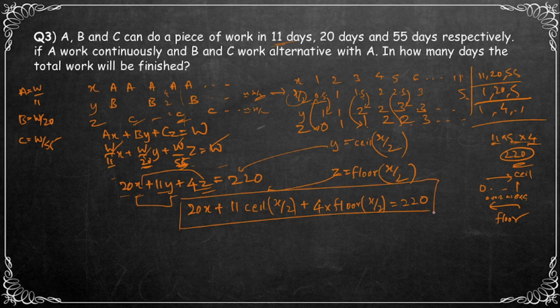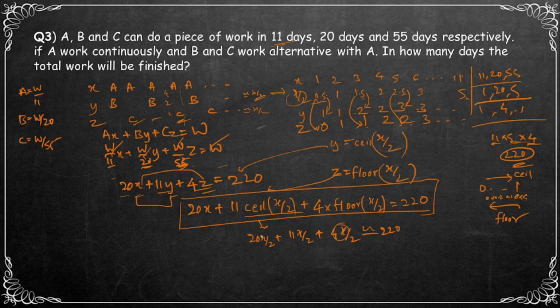If we want to calculate the approximate value of x, we can approximate ceil of x by 2 to x by 2, and floor of x by 2 to x by 2. So we have 20x plus 11 x divided by 2 plus 4 x divided by 2. Now this will not be exactly equal, it is approximately equal to 220. We just want to find the approximate value of x.